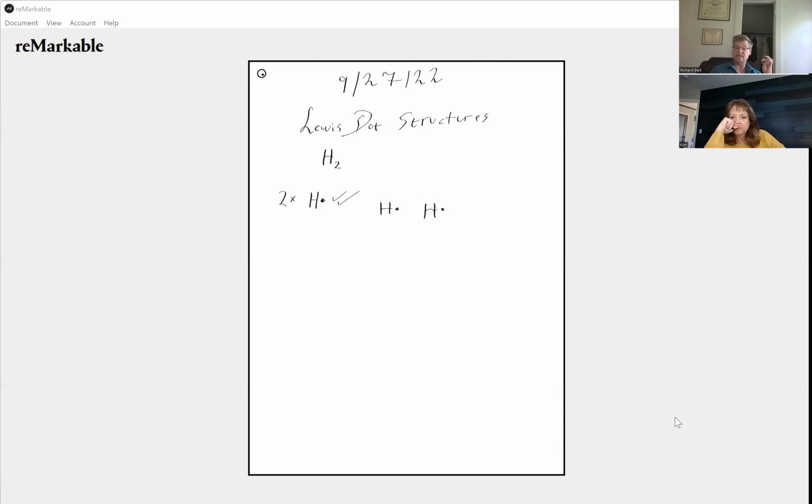Now, I told you not to put this in your notes because I wrote it wrong. Because now we have to pair up these electrons. We have to see how they share. So we need to share this electron with this. But notice that I put this electron on the wrong side. This is not an easy way to share. You'd have to actually wrap around and do all kinds of things. So here's your first and very important lesson about Lewis dot structures.